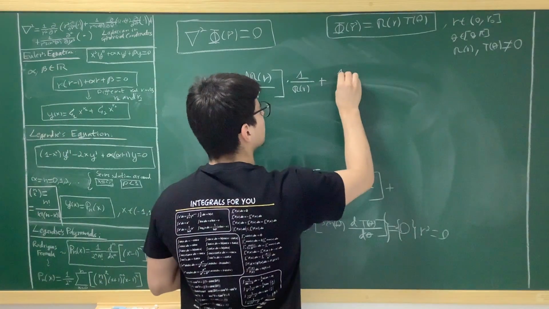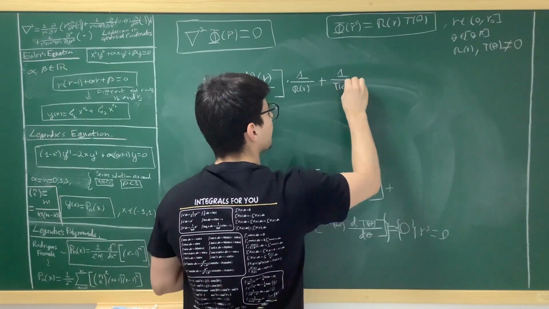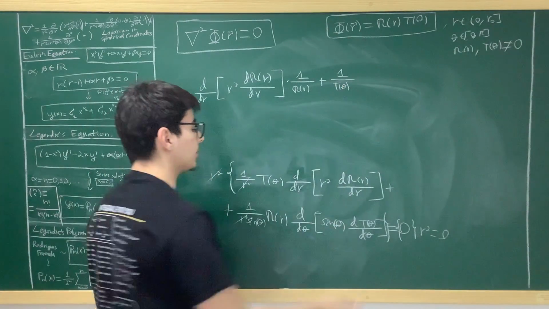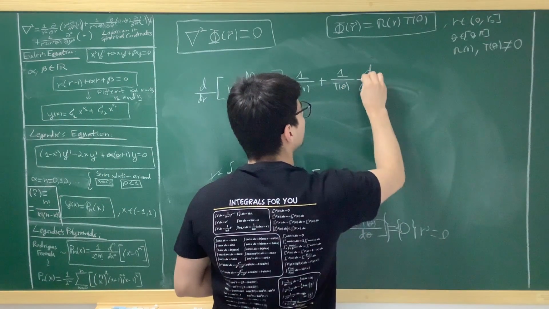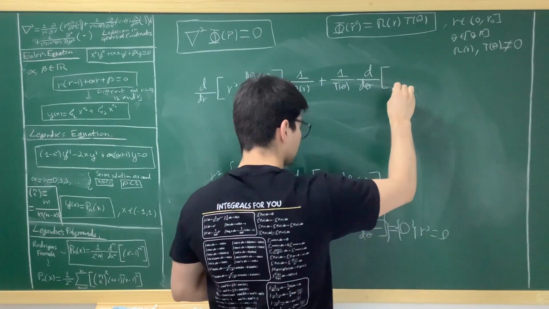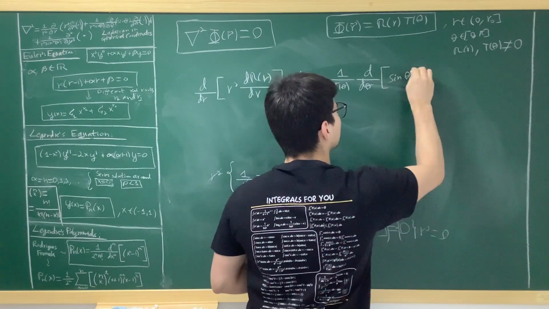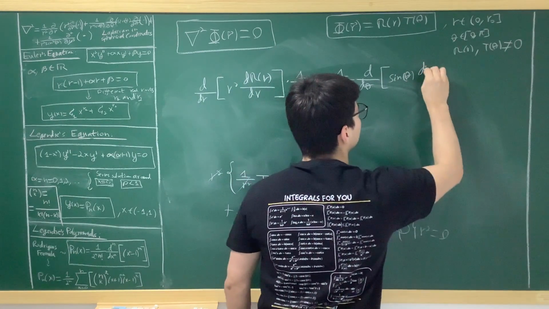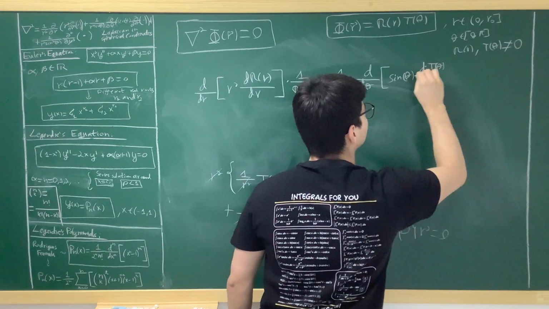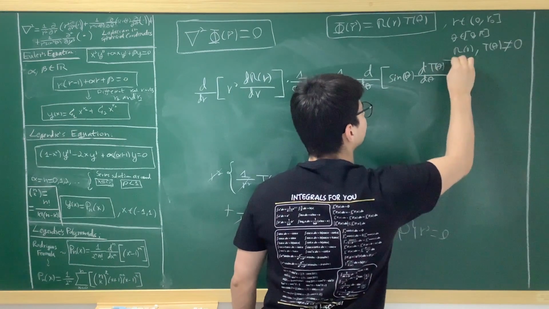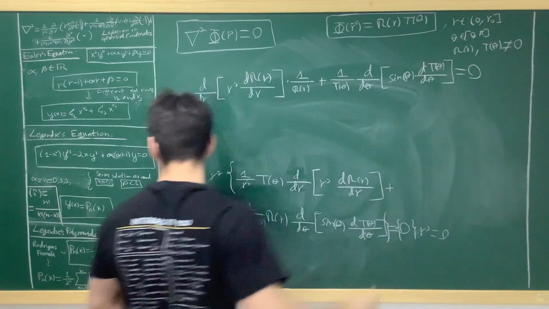So we have 1 over t times this derivative with respect to theta of the sine of theta times this other derivative. And this is equal to 0.